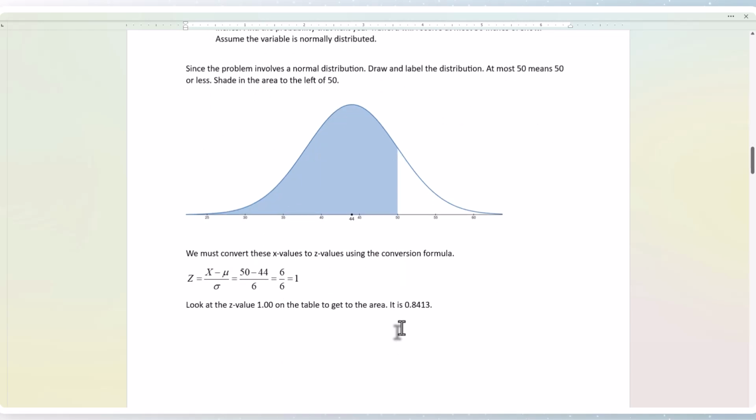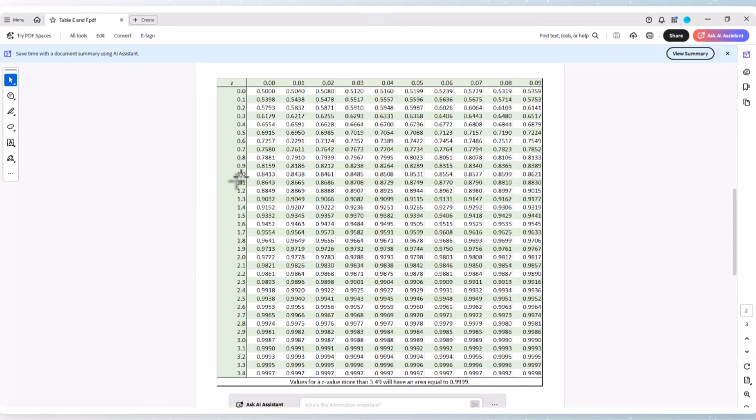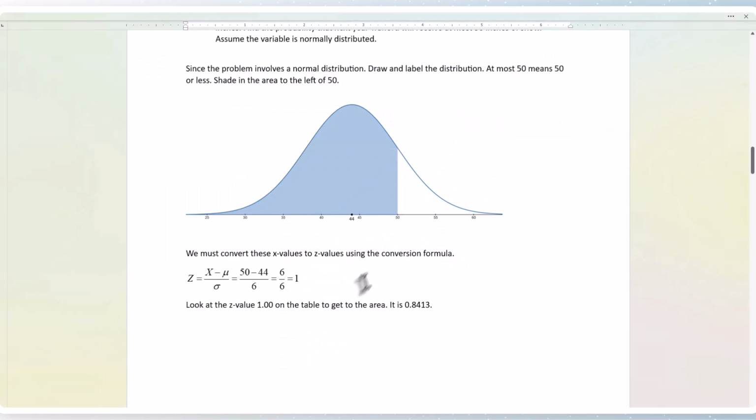Now we have to convert 50 to a z-value using the conversion formula. So it's 50 minus the mean of 44 divided by the standard deviation 6 to give us 1. And all we have to do is look up 1 in the table. So 1.0 is 0.8413.